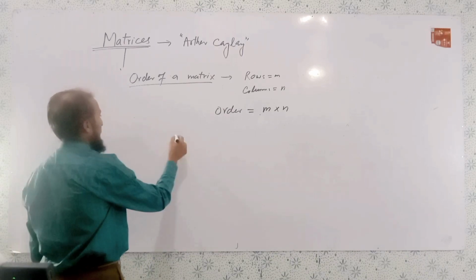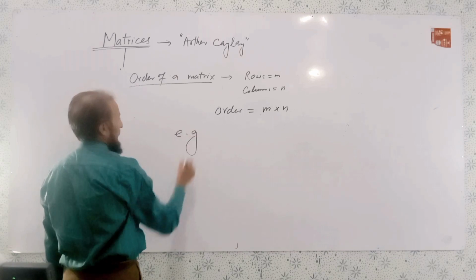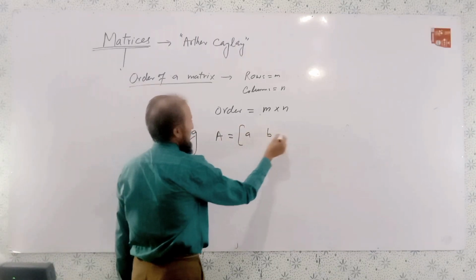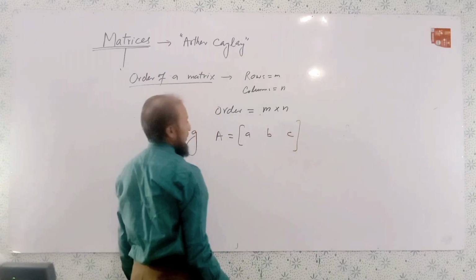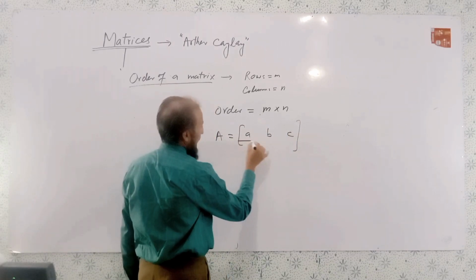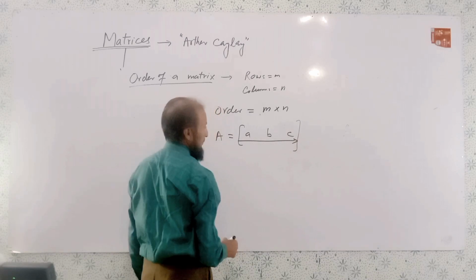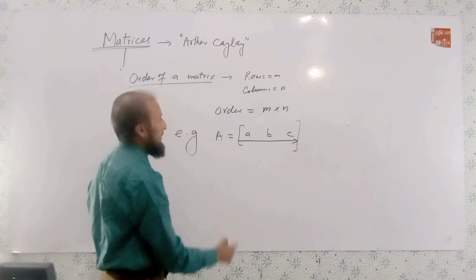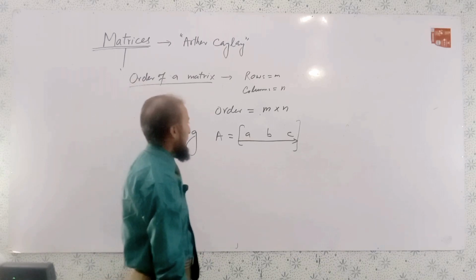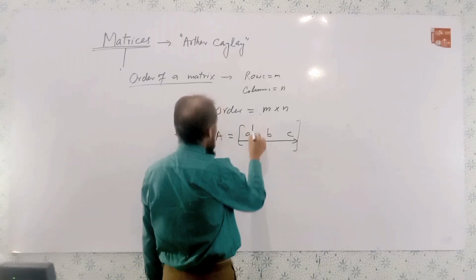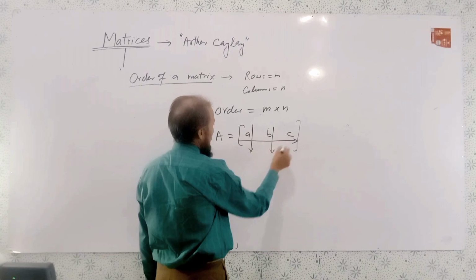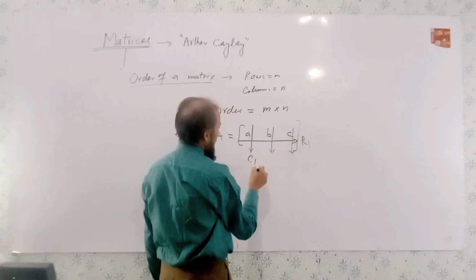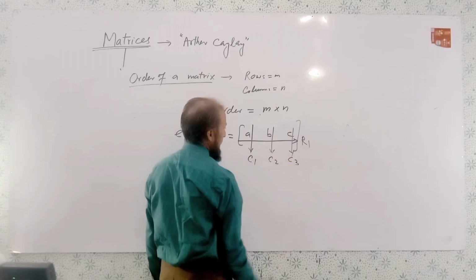For example, A is equal to a, b, c. Now we can write the order in rows and columns. This horizontal line represents rows, and these are the columns: row 1, and columns C1, C2, and C3.